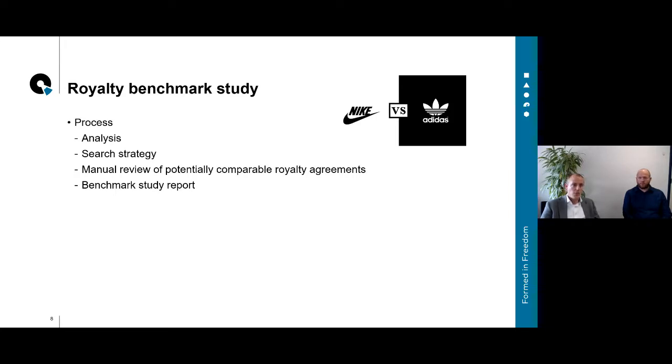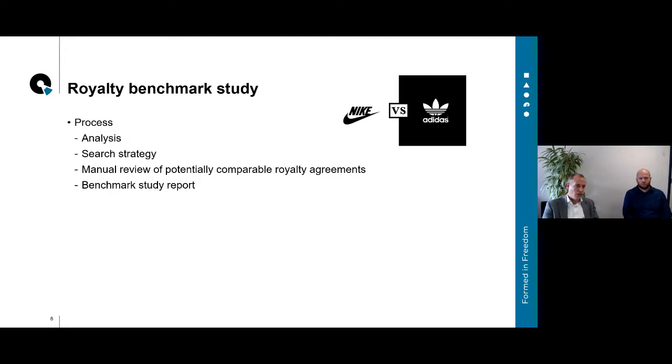The conceptual difficulty here, and this is also why some tax authorities are a bit reluctant in accepting royalty benchmark studies, or at least accepting them in the APA process, for example, is that in principle you are comparing something which is by definition kind of unique.